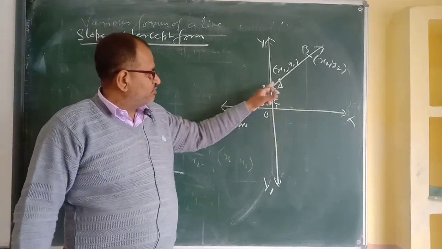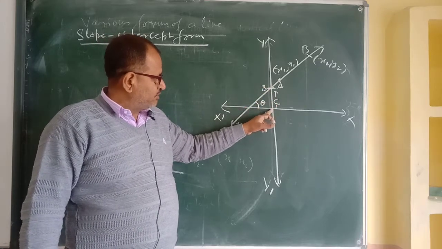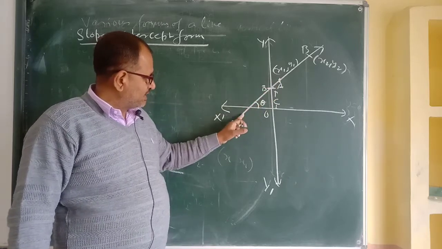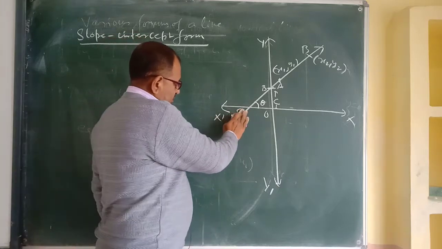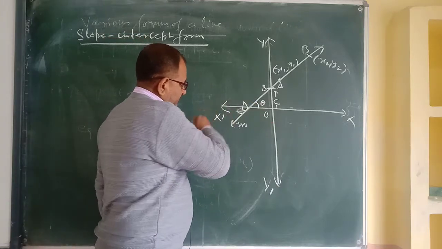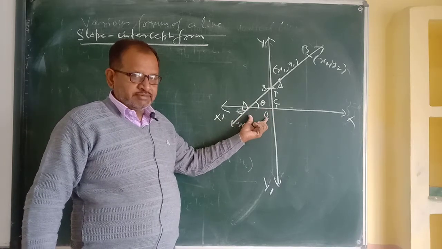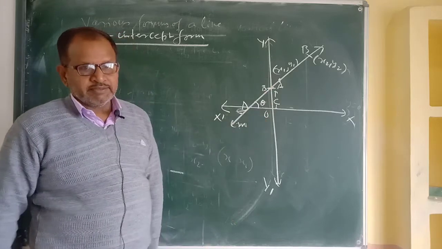If a line cuts the y-axis at any point, then the distance of that point from the origin is called the y-intercept. And if the line cuts the x-axis at any point, suppose D, then the distance of this point from the origin is called the x-intercept. So here OD is the x-intercept and OB is the y-intercept.